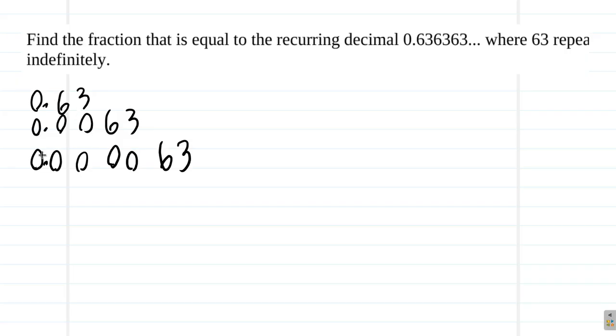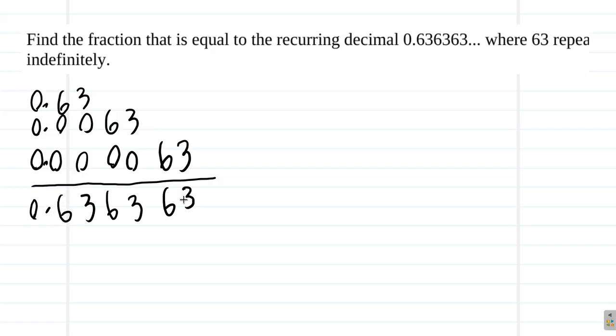When you add these, you will get 0.63, 63, 63, because you can see that if you add them up, you have 3 plus 0 is 3, 6 plus 0 is 6, 3 plus 0 is 3, 6 plus 0 is 6, 3 plus 0 is 3, 6 plus 0 is 6.